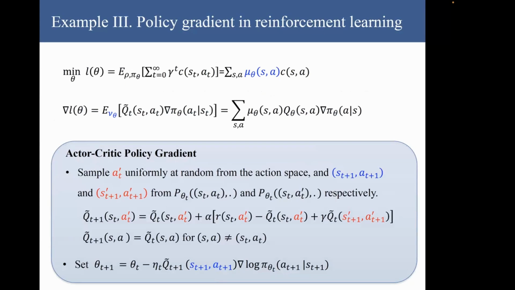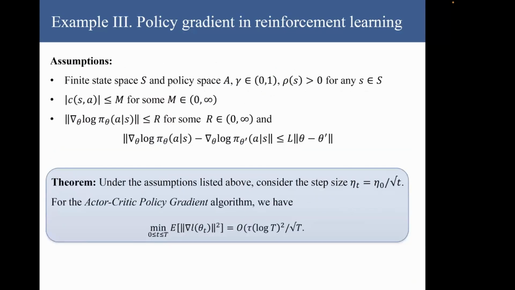Now, in this case, we can also verify that the conditions we required in the previous theorem hold under these assumptions for the MDP problem. Just to demonstrate the applicability, I'm considering a relatively simple setting with a finite state space, a finite action space, a non-trivial discount factor, and I require the initial distribution to cover all the states.